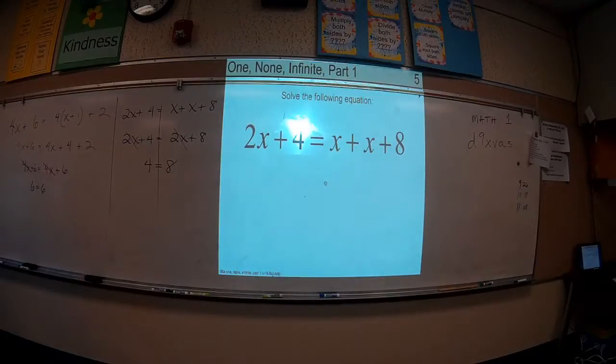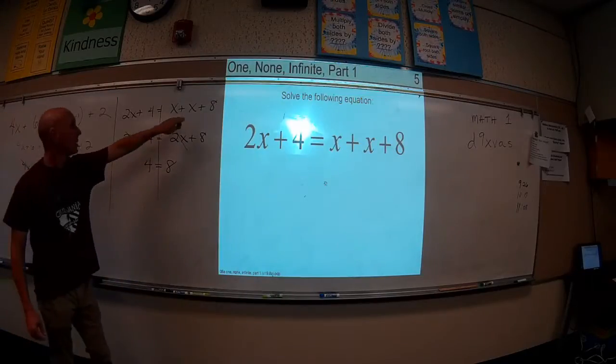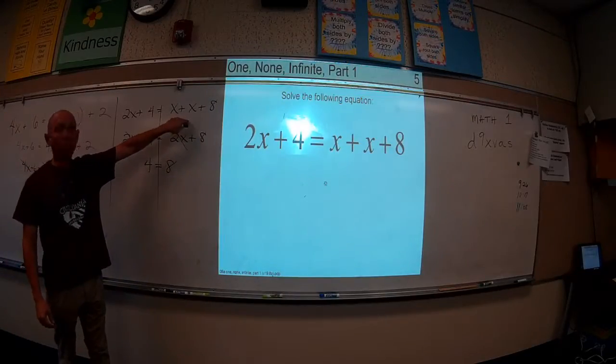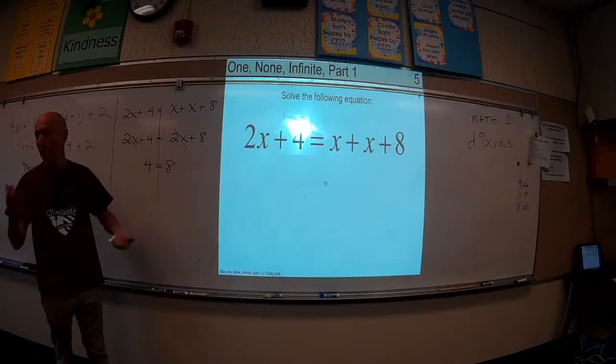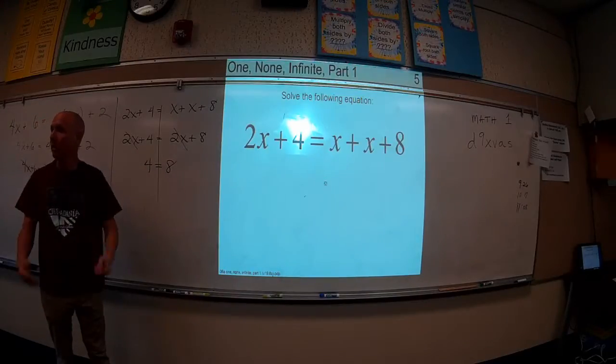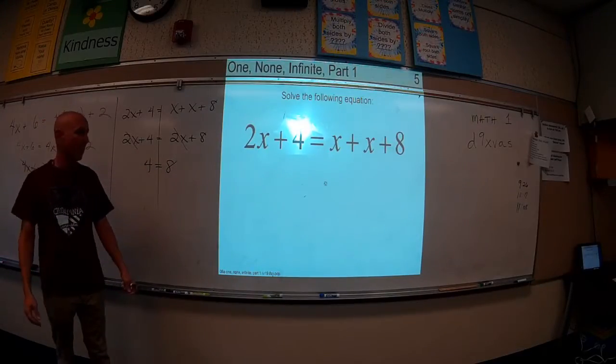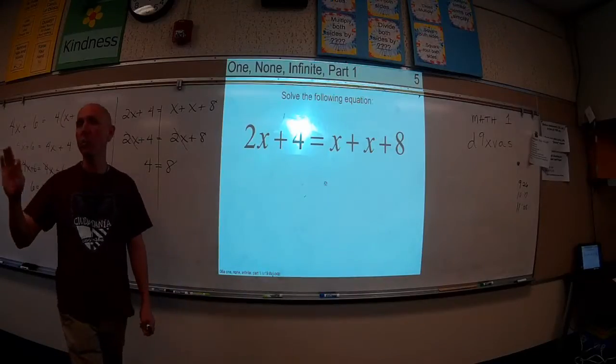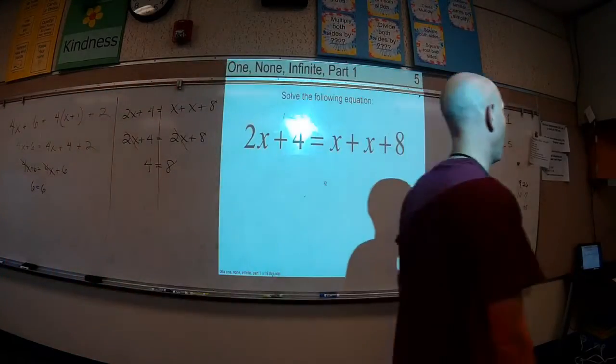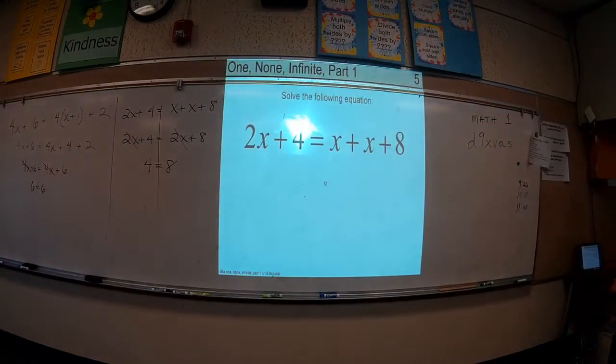Fractions, decimals, everything. The difference will always be 4. This side is always going to be 4 higher than that side. There's no way to make it balance out. There's no way to make it equal. You can't do it. So we're going to give you 3 rules on how to identify the equation.